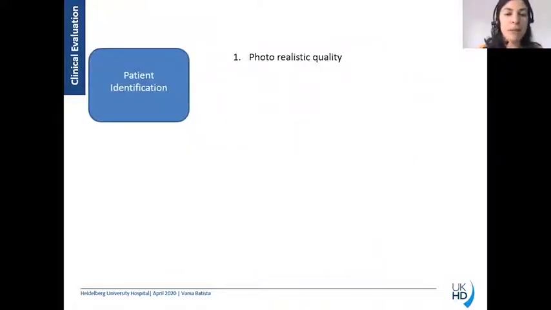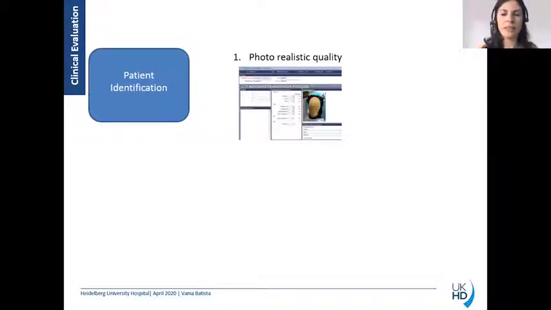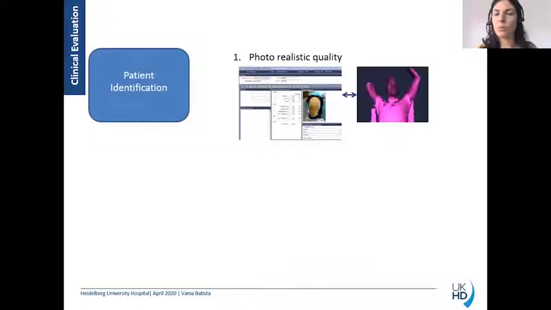Regarding patient identification, that was something we were not aware of in the beginning, but then it's quite automatic that you look for the patient in the mosaic, for example, and you match it with the person that you have in Align RT. Because of this photorealistic quality, you quite often can distinguish if you have another patient in the room.